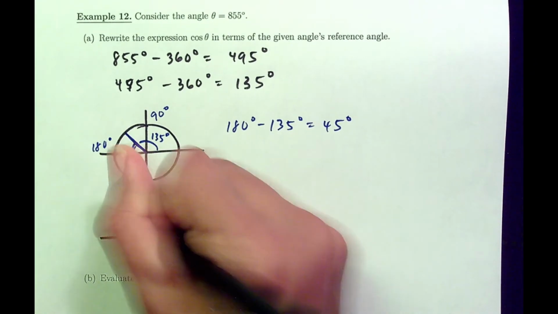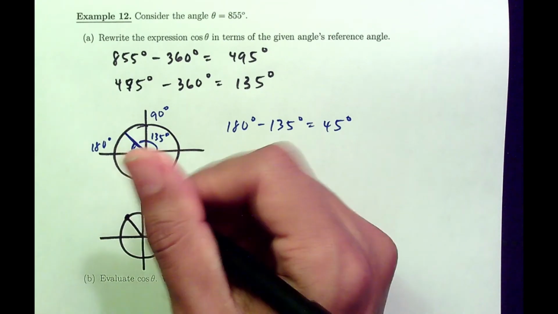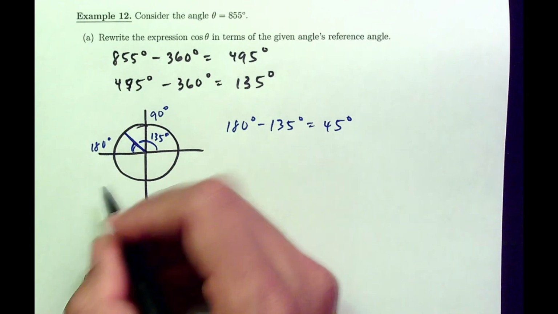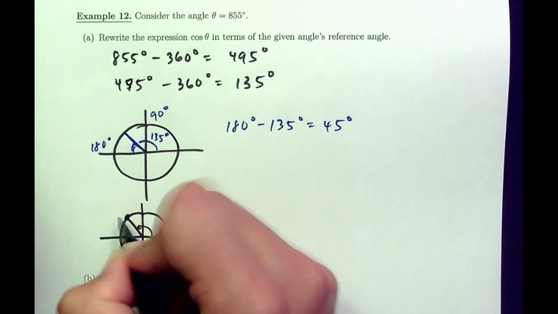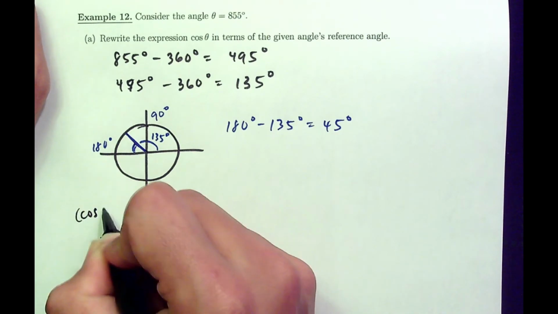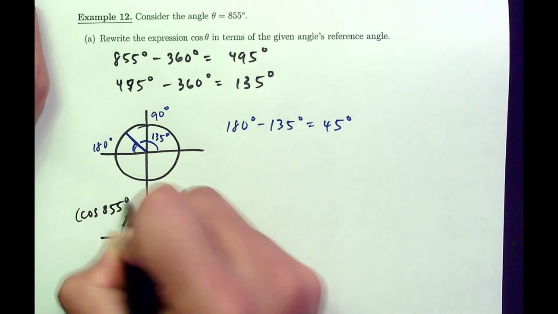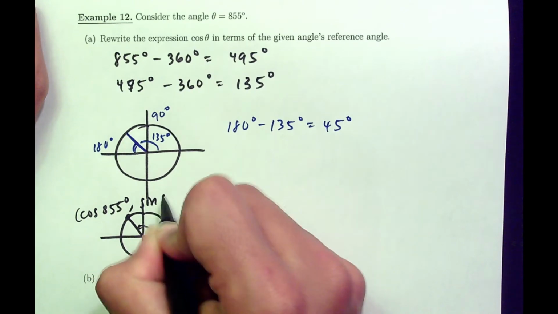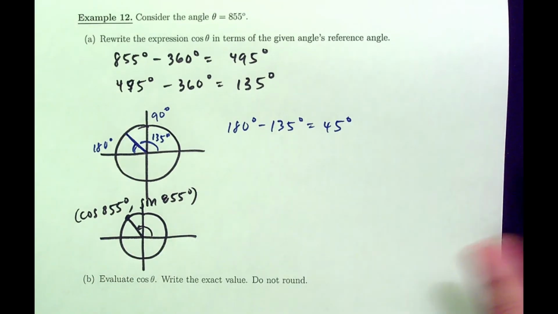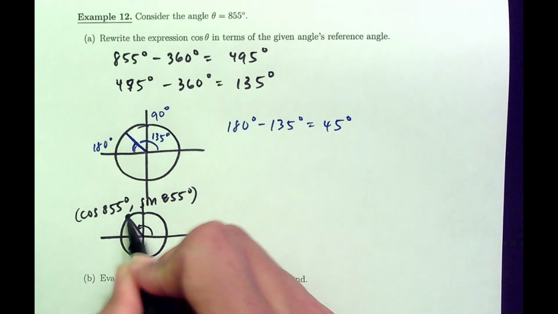So this one right here is same as 135, but it's also the same as 855. So the coordinates of that point are going to be cosine of 855, sine of 855. X coordinate and Y coordinate. So that's that point right there.